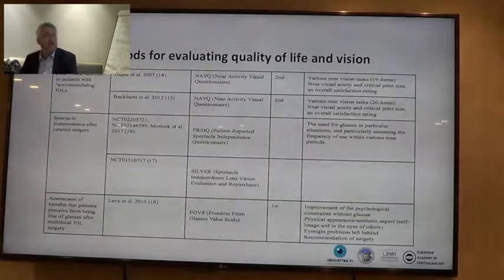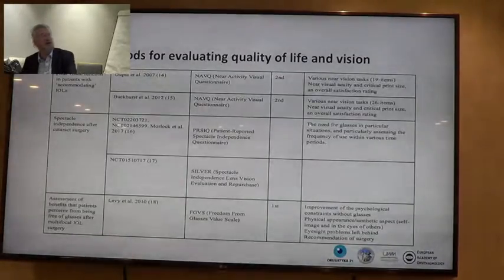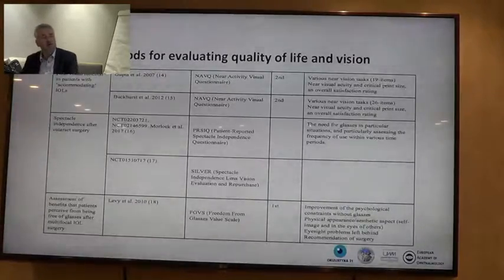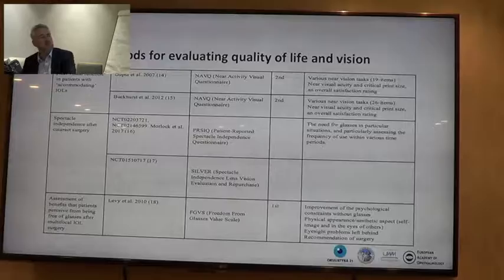Then we have some tests trying to measure near visual function in patients with accommodating IOLs. We have the Near Activity Visual Questionnaire belonging to the second category. Then tests attempting to evaluate spectacle independence after cataract surgery.